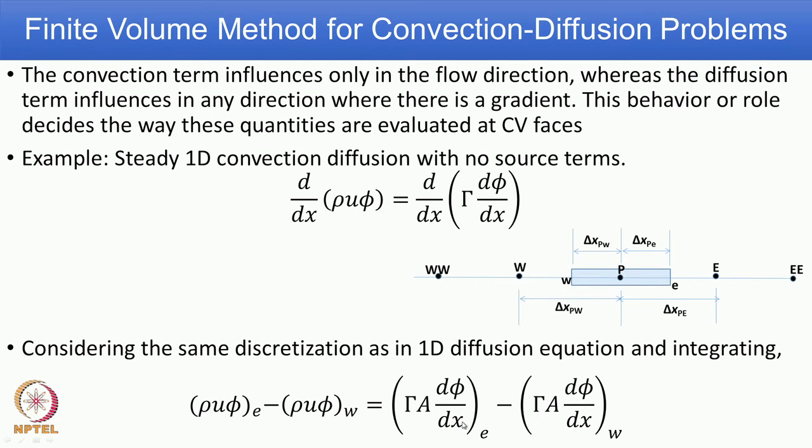So, these quantities are to be evaluated at the east face and west face. Here on the left side you have a convection flux that has the variable to be evaluated at the east face and west face, whereas the right side has a derivative of the variable to be evaluated at the east face and west face.